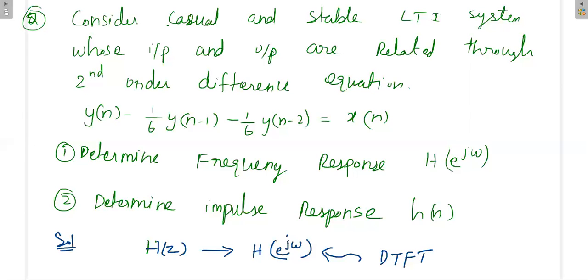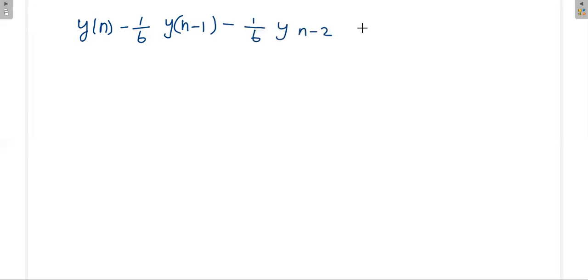Just take the difference equation: y of n minus 1 by 6 y of n minus 1 minus 1 by 6 y of n minus 2 is equal to x of n.